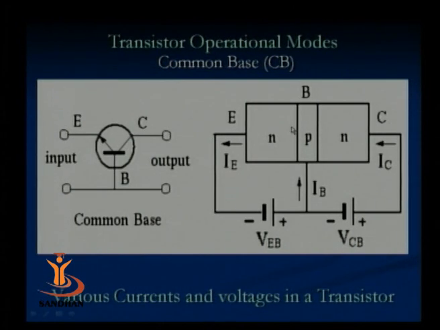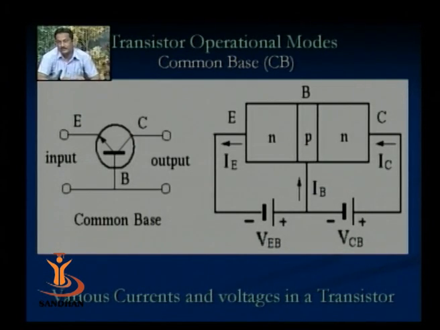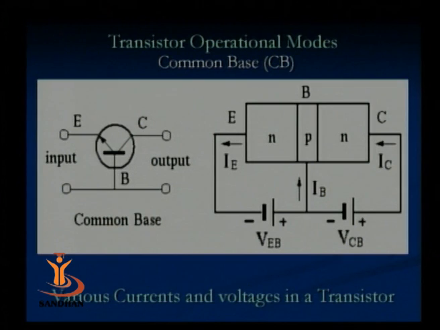If you look at how the NPN transistor looks construction-wise, we can see it here. You can see the currents also: the direction of emitter current, the direction of collector current, and the base current. You are also seeing these two batteries, VEB and VCB. Now what are these batteries?